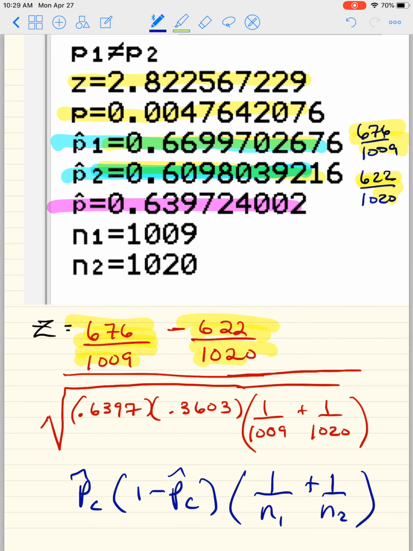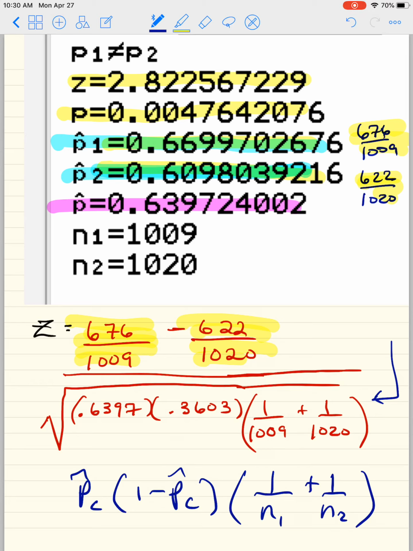So technically, your denominator cannot be P hat 1 times Q hat 1 over n1 plus P hat 2 times Q hat 2 over n2. This is the only case ever, only for a 2-sample proportion, where we have to fix our bottom part of it, okay? So this is how we do it.